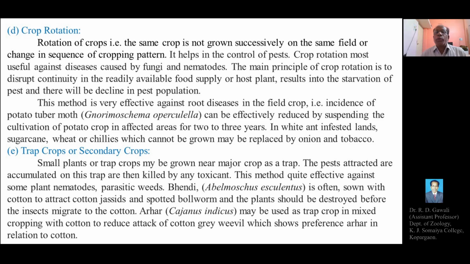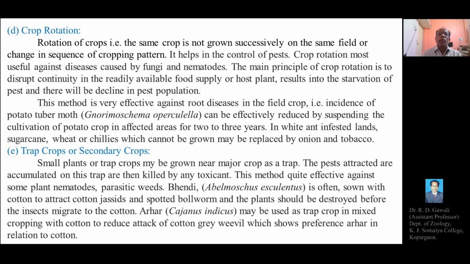Then crop rotation, that is rotation of the crops. The same crop is not grown successively on the same field, or there is a change in sequence of cropping pattern. So crop rotation is just a practice of changing the sequence of the cropping pattern.